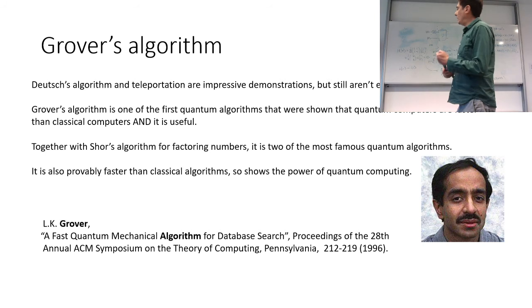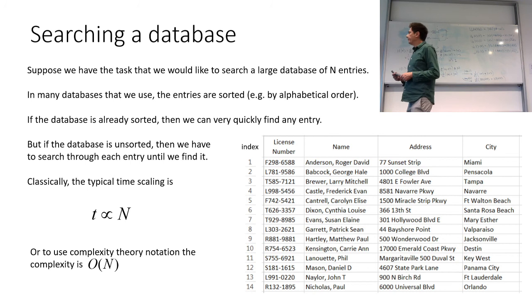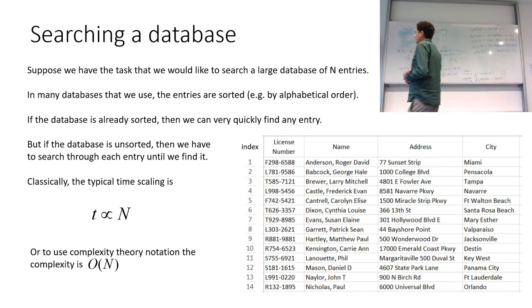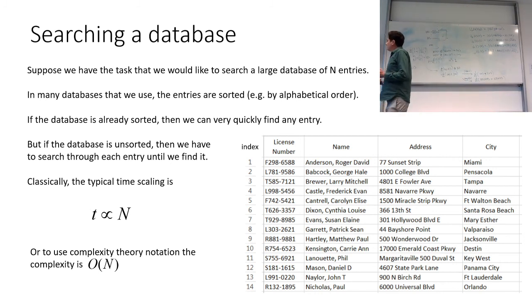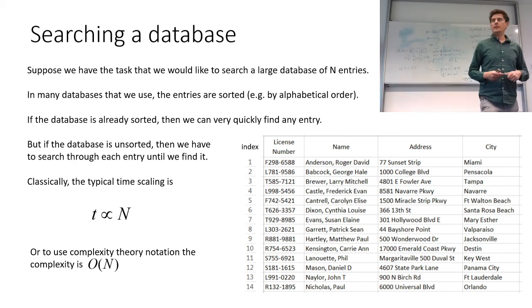Okay, so Grover's algorithm. Basically it's a database search type algorithm. And as I was saying, this is actually much more practical in a way than Deutsch's algorithm. The idea is to find an element in an unsorted database.